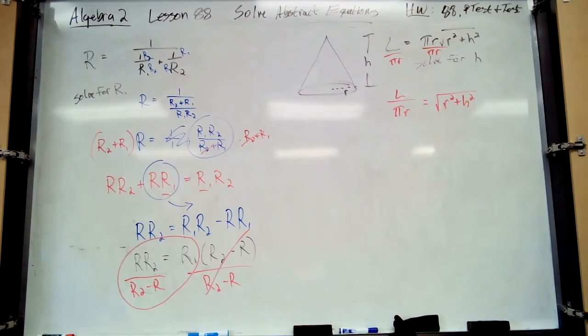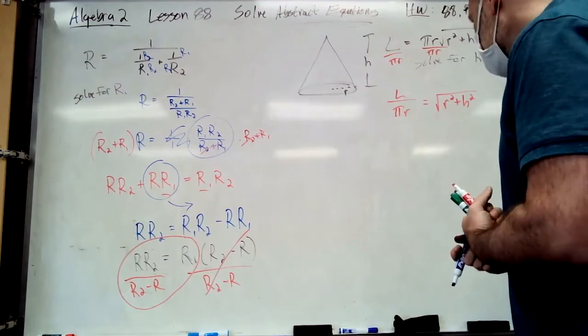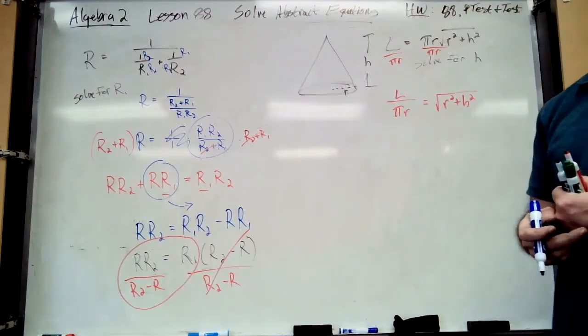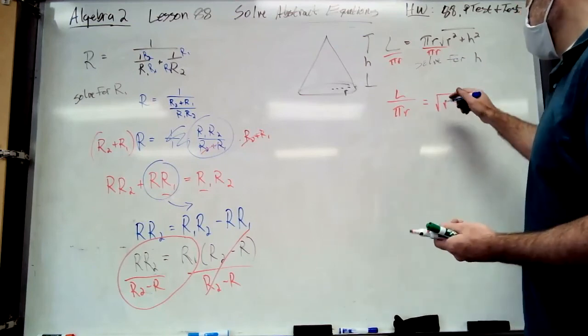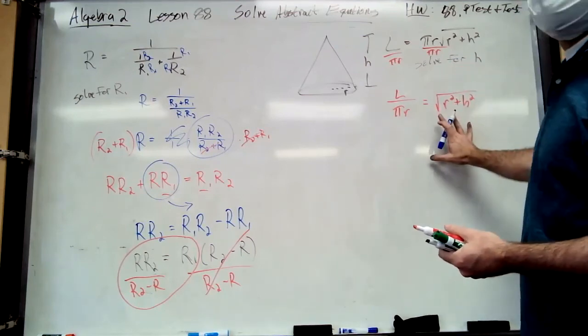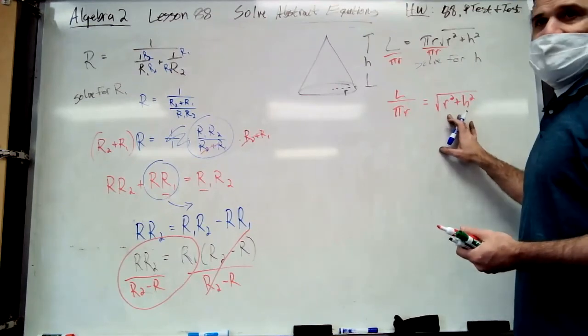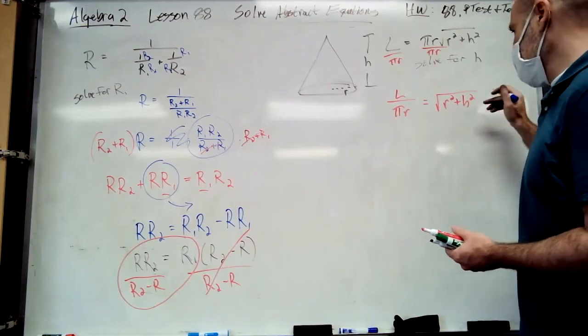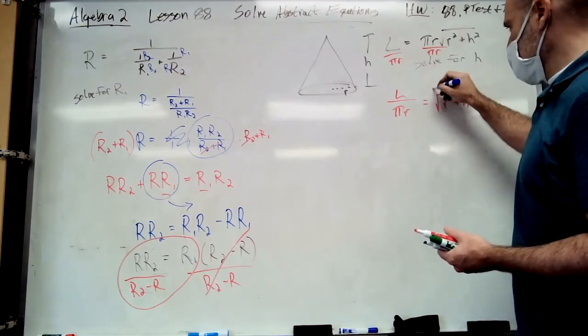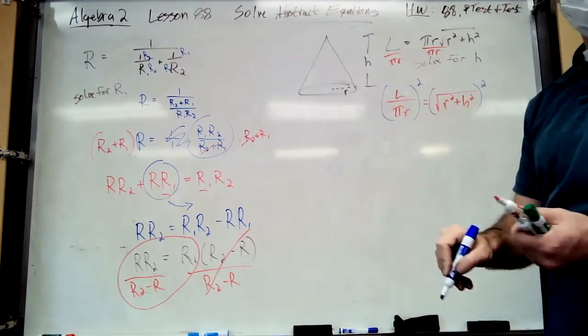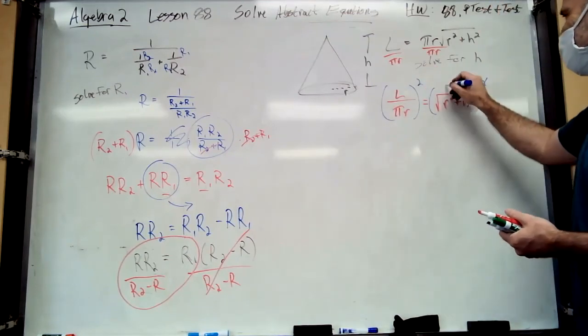What do we do in a radical equation once we have the radical by itself? Well, kind of. You have to get rid of that radical. Yeah. How do you get rid of a radical? Yep, square it.